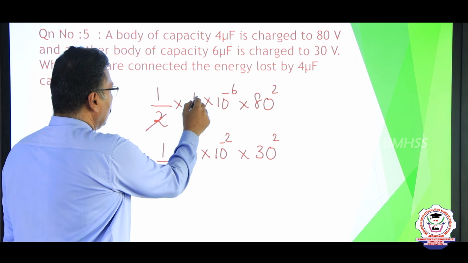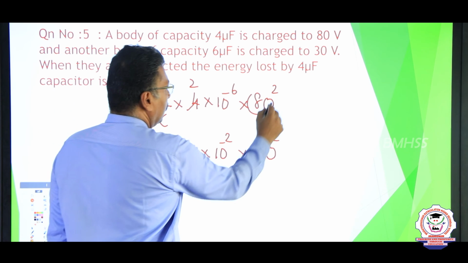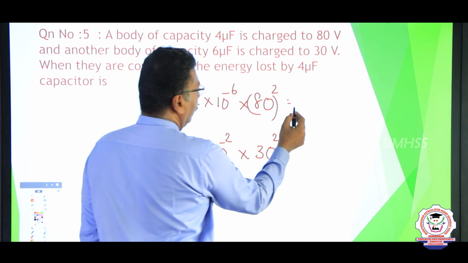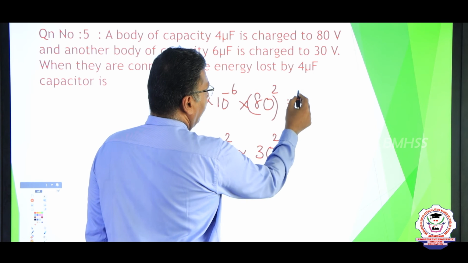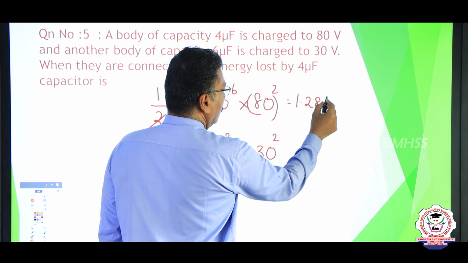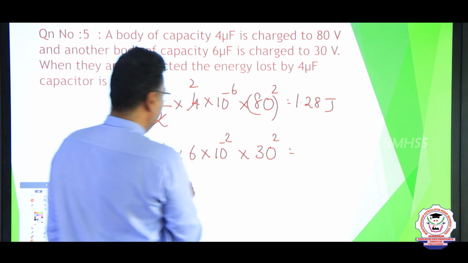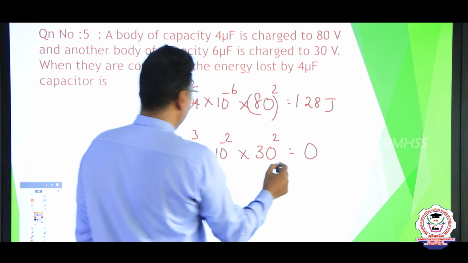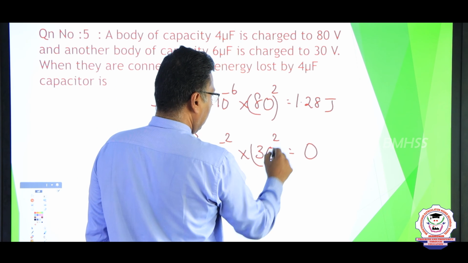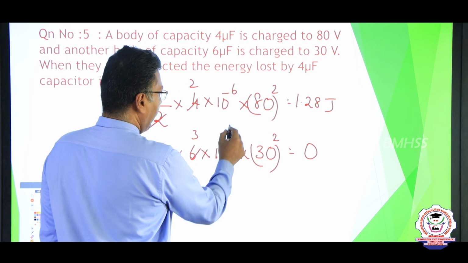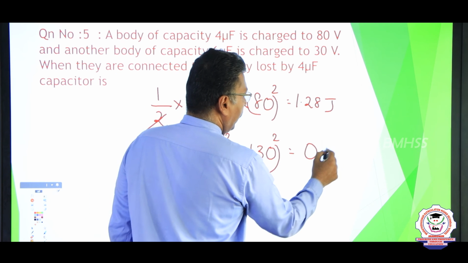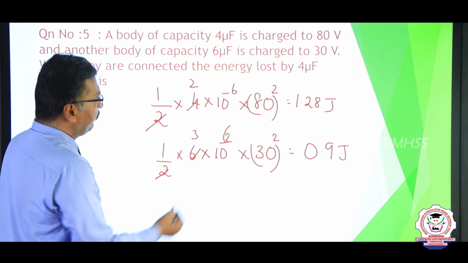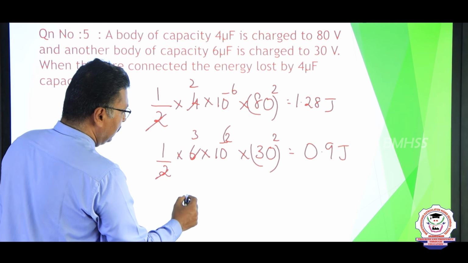So this is 64 into 2 is 1.28, so 1.28 joules, and this is 2.7 joules.